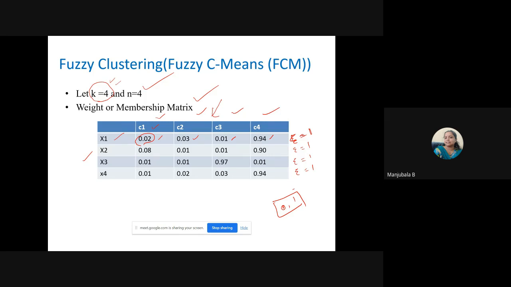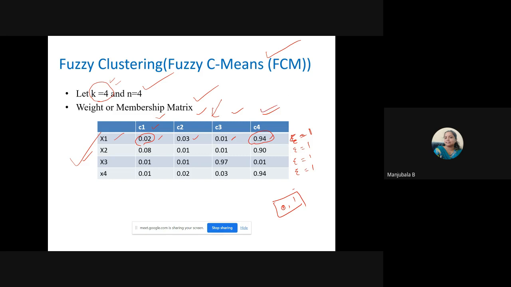Suppose we are applying this fuzzy C-means, we'll discuss the steps later. Suppose after applying fuzzy C-means clustering we get this as the final membership matrix. What can we conclude? As the membership of X1 is highest with respect to cluster C4, X1 belongs to cluster C4.